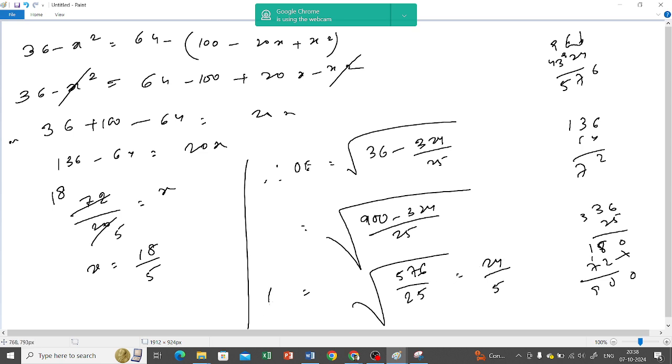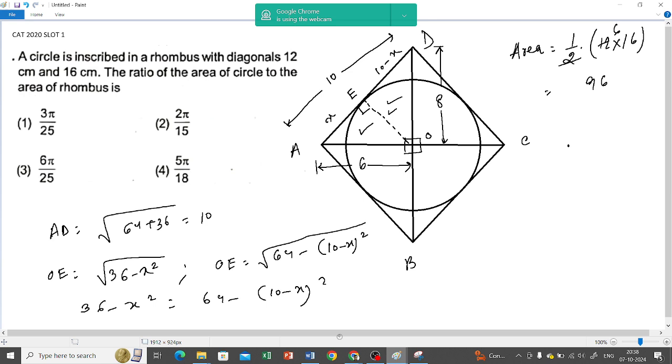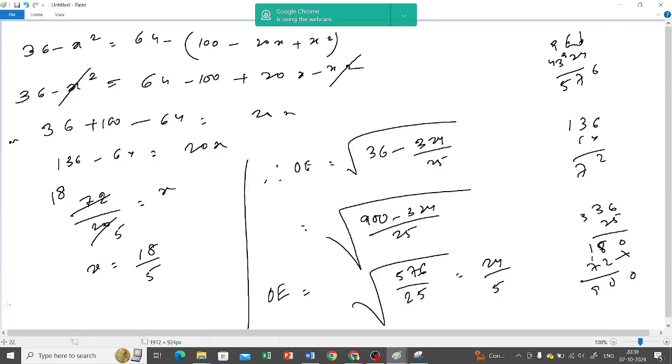Okay, so this is OE. Once we got the OE, that means we got the radius.